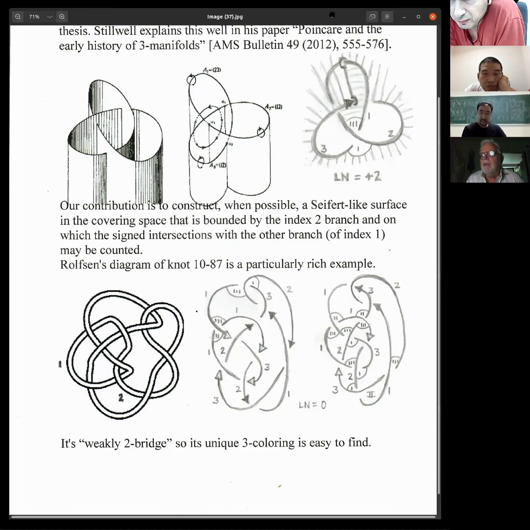So those are the two lifted, twisted rectangles that define a Seifert-like surface in the covering space that is actually bounded by the branch curve of index 2.